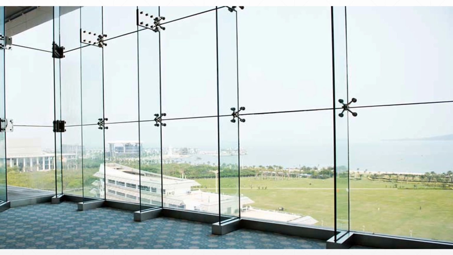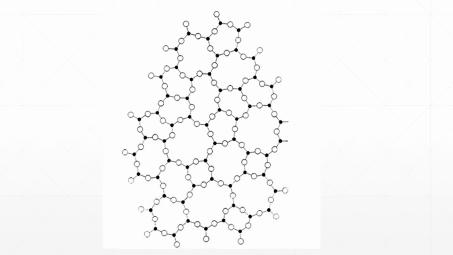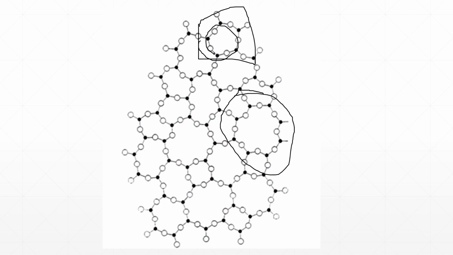But basically, glass is amorphous. Why? Because it has an indefinite structure. As you can see, the space between these particles is, we can say, less as compared to this structure.